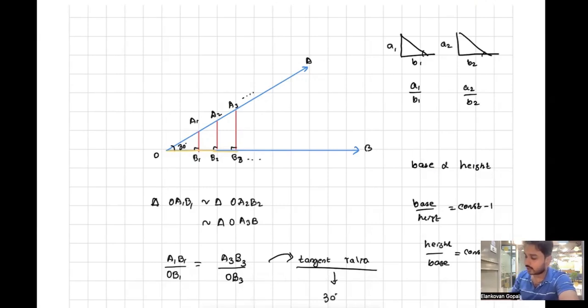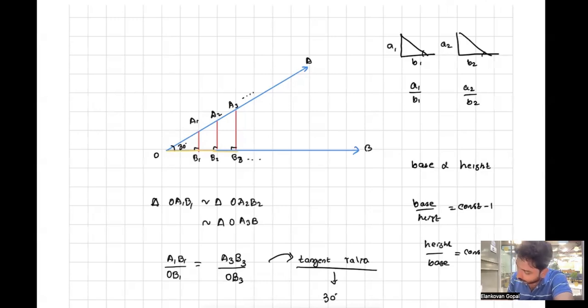And this ratio, let's say for example, in this particular case, we get a constant to be, approximately, let's say, 0.5657.